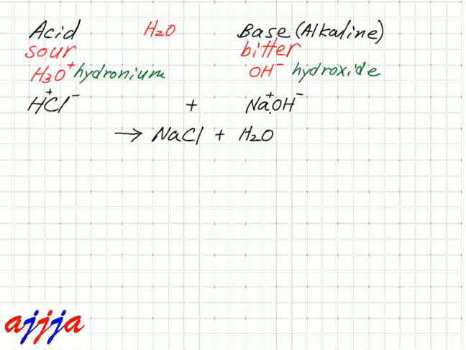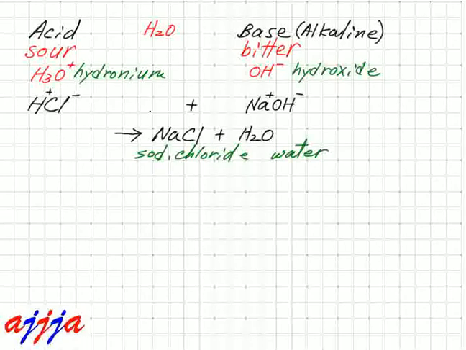Hydrochloric acid can be poisonous. NaOH, sodium hydroxide, is poisonous. Now put them together, this is going to be simply NaCl, which is sodium chloride. Sodium chloride is a salt. We eat it every day, that's why we call it table salt. And this one is water.